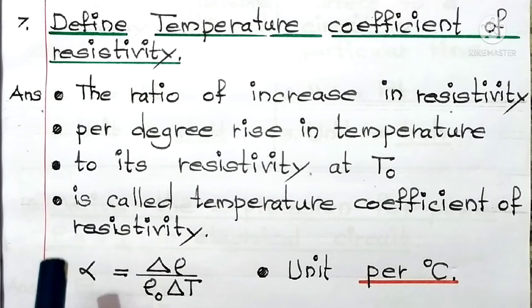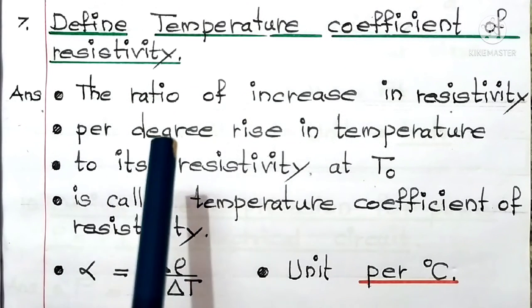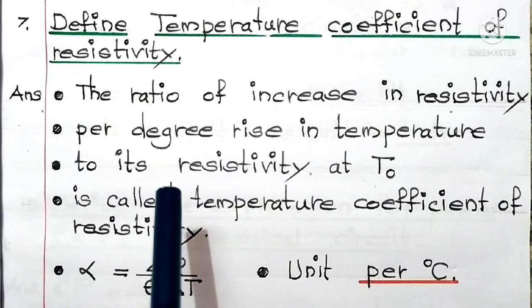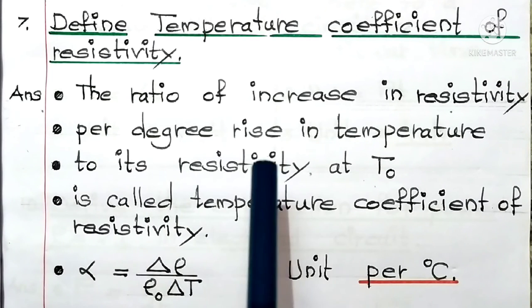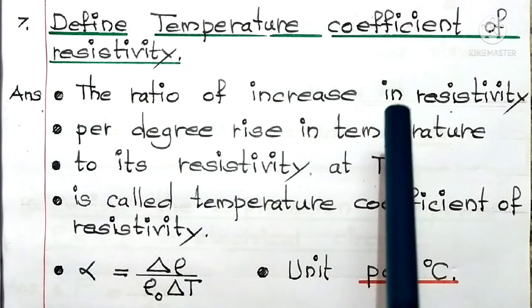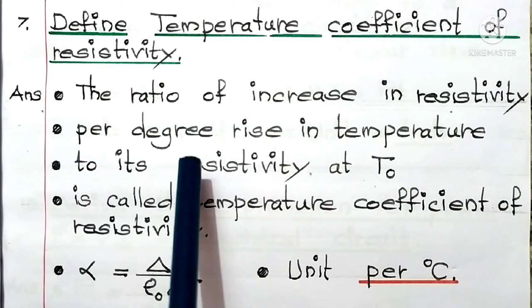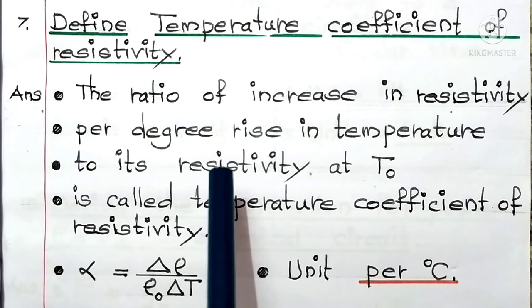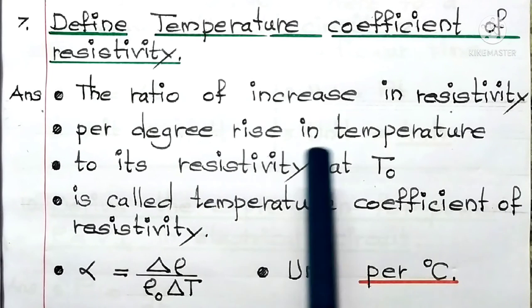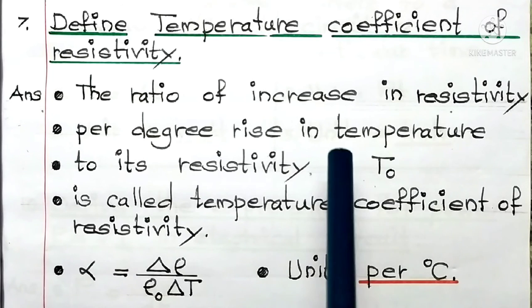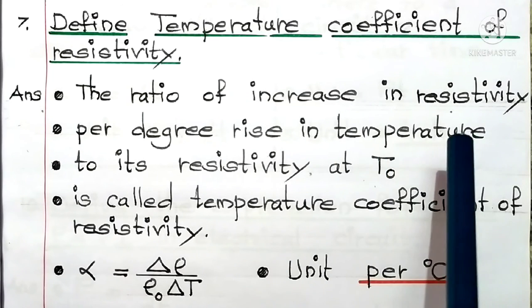It means this temperature coefficient of resistivity is nothing but a ratio. The ratio between what? The ratio between increase in resistivity per degree rise in temperature. If there is a rise of 1 degree in temperature, then what will happen? There will be a rise in resistivity.